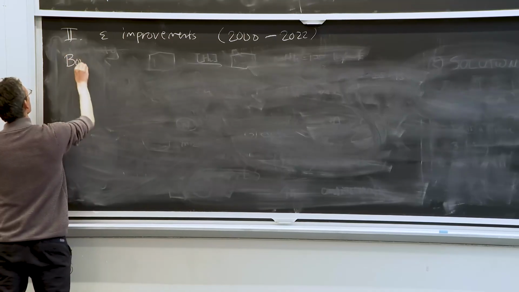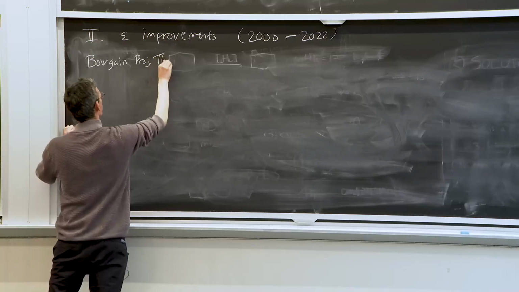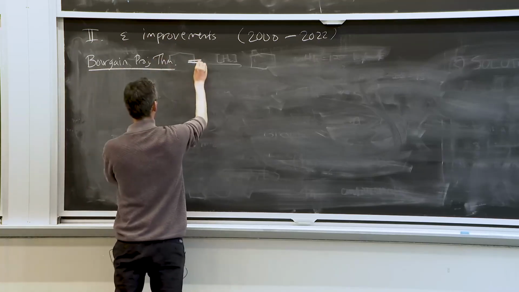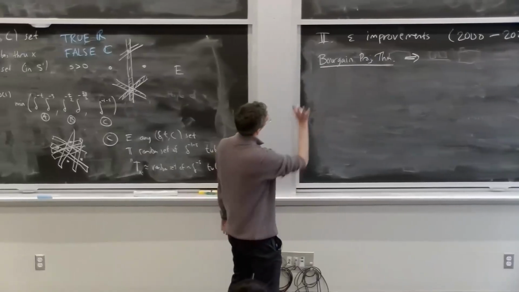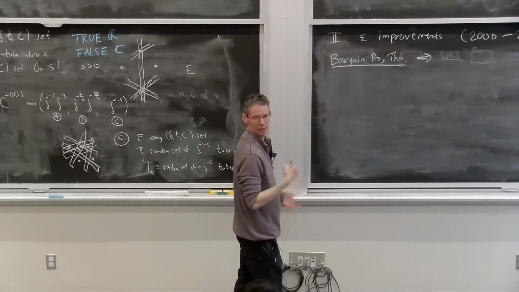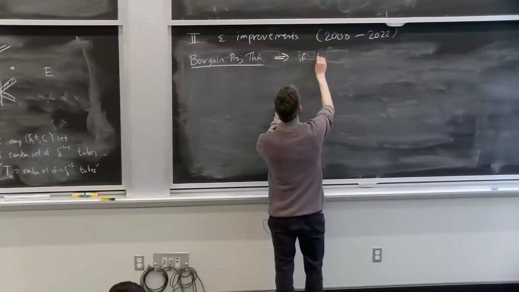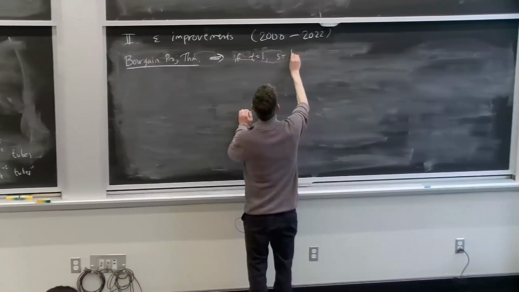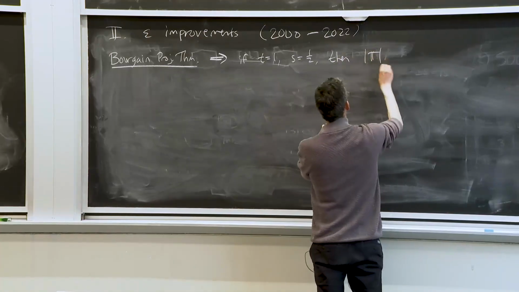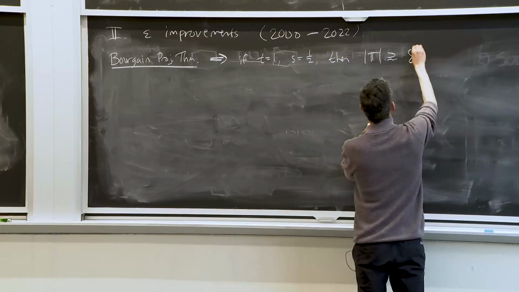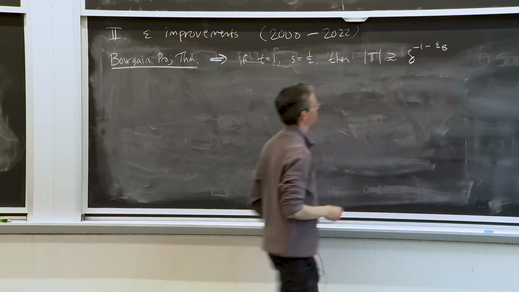Whereas the Bourgain projection theorem implies, with a little work, but not that much work, an improvement over the classical methods in a very particular situation. So it says if t is 1 and s is 1/2, then this number of tubes is at least delta to the -1 minus some epsilon for Bourgain.